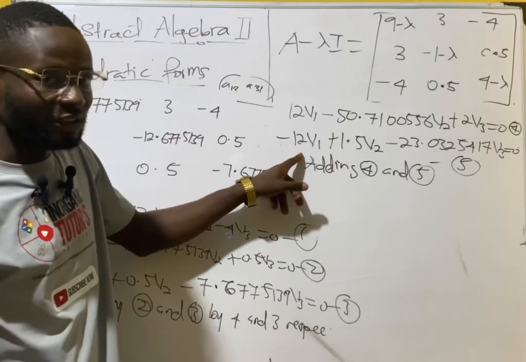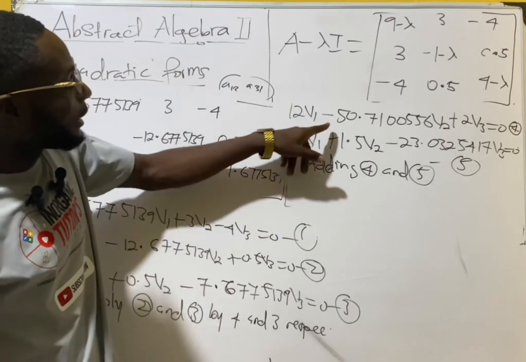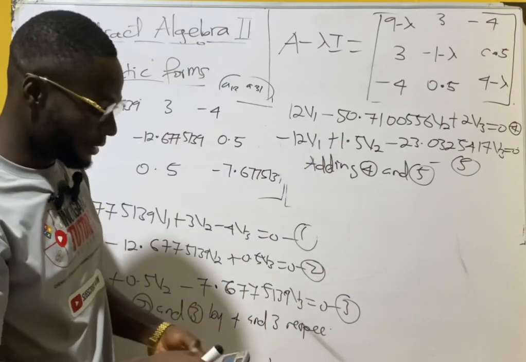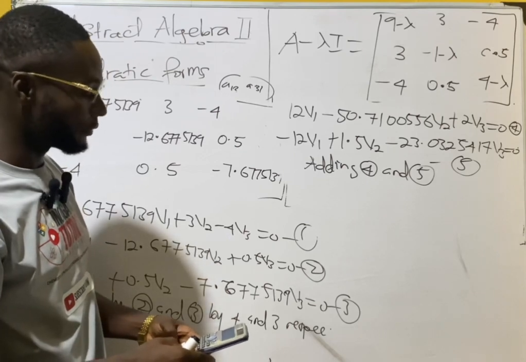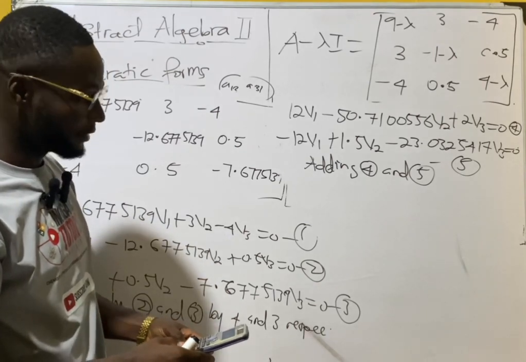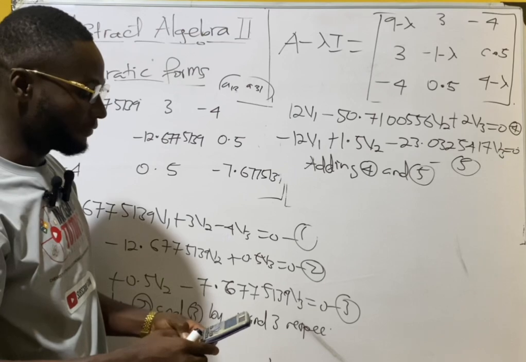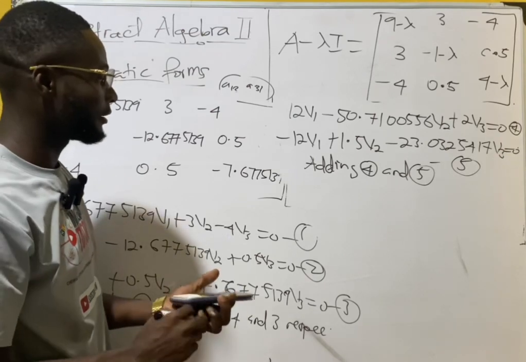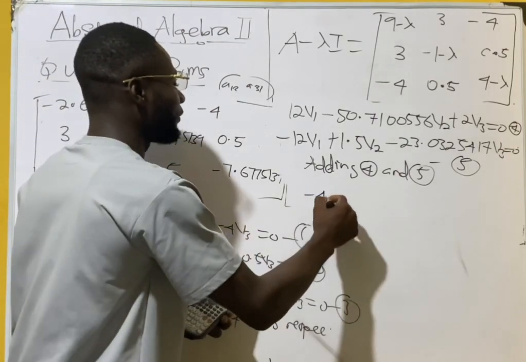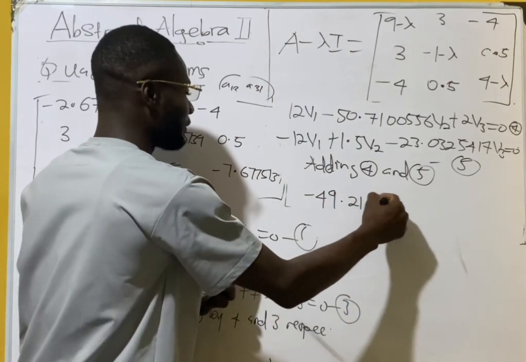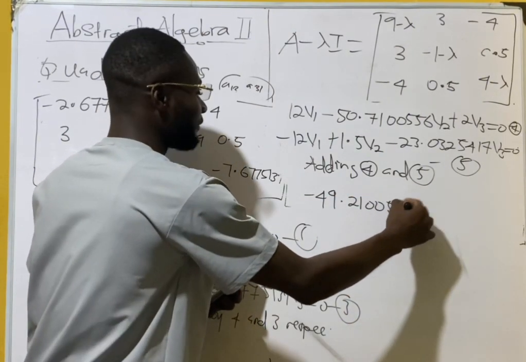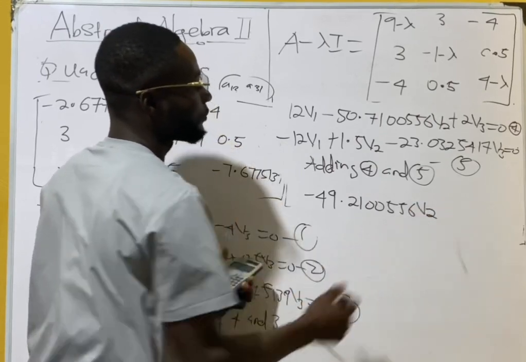So the V1 section is off, right? Now, minus 50.7100556 plus 1.5 will give us minus 49.2100556 V2.